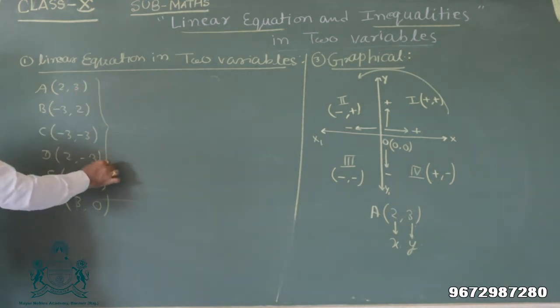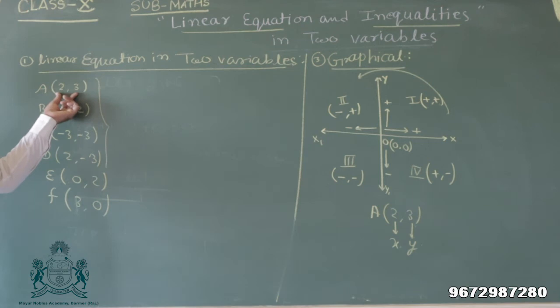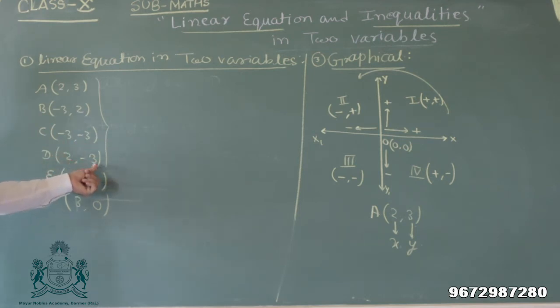According to sign: both positive, x negative y positive, both negative, x positive y negative, and for E and F, x is 0 and y is 0.